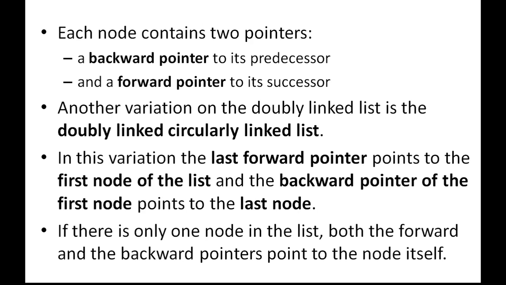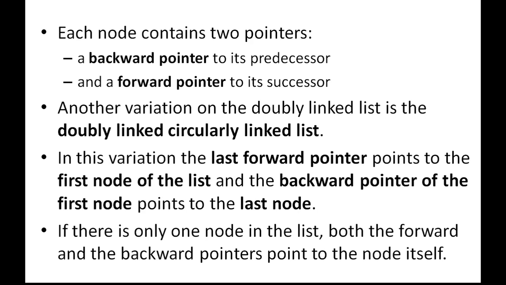In some books they are referred to as a previous pointer and a next pointer. So the previous pointer is equivalent to the backward pointer in our terminology, and the next pointer is equal to the forward pointer.